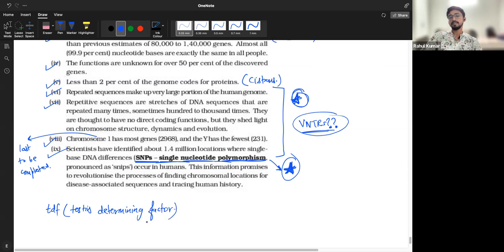This is the smallest gene in humans. It's present on the Y chromosome. Is it clear?